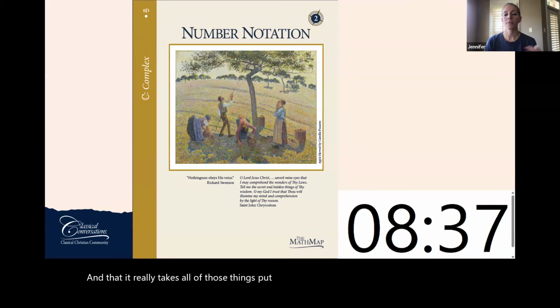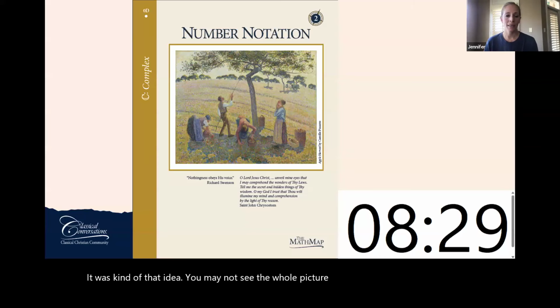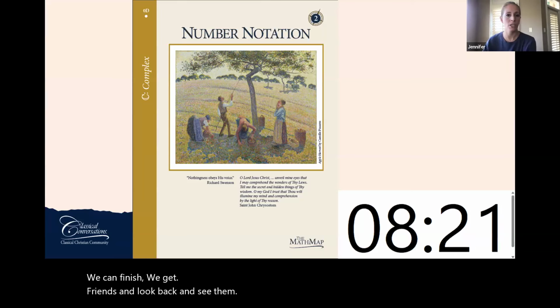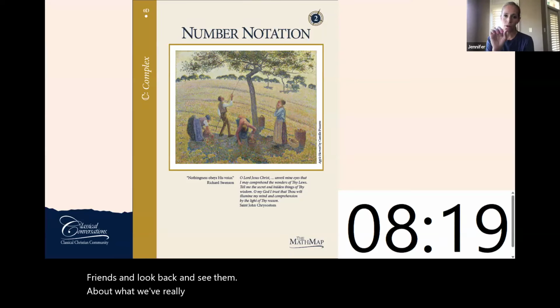And so as we were just beginning the math map, it was kind of that idea of you may not see the whole picture now, but when it's all put together, when we get through the 30 weeks, then we can look back and see this full picture of what we've really accomplished and not so much focus on that one spot where we are.